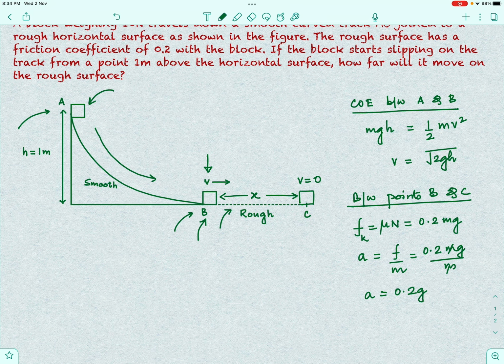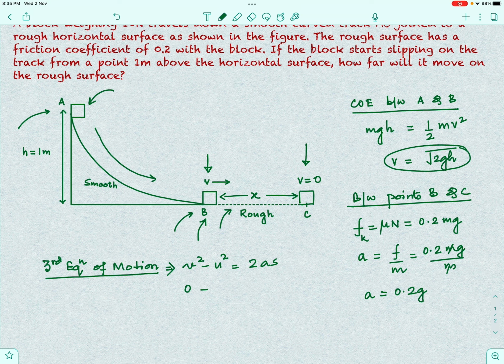And since acceleration is a constant, we can now use the third equation of motion between the points B and C to find out the distance travelled in the process of the velocities changing from one value to the other, right? The third equation of motion says v squared minus u squared is equal to 2as. And when we substitute the values here, we want the final velocity at the position C to be 0. So, 0 minus initial velocity, we have already found this is the initial velocity for the path BC, right?